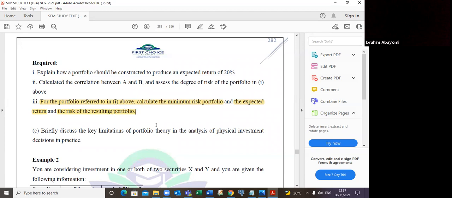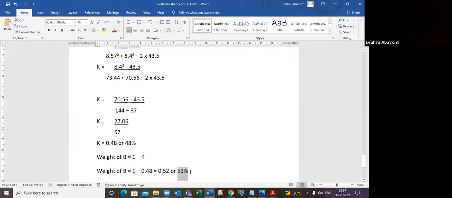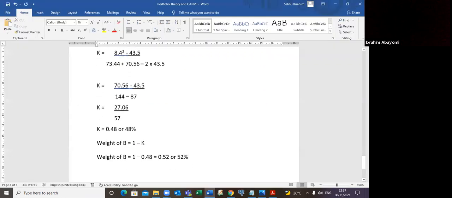So let's compute the expected return of the portfolio. Return on the portfolio will be equal to, how do you compute it?